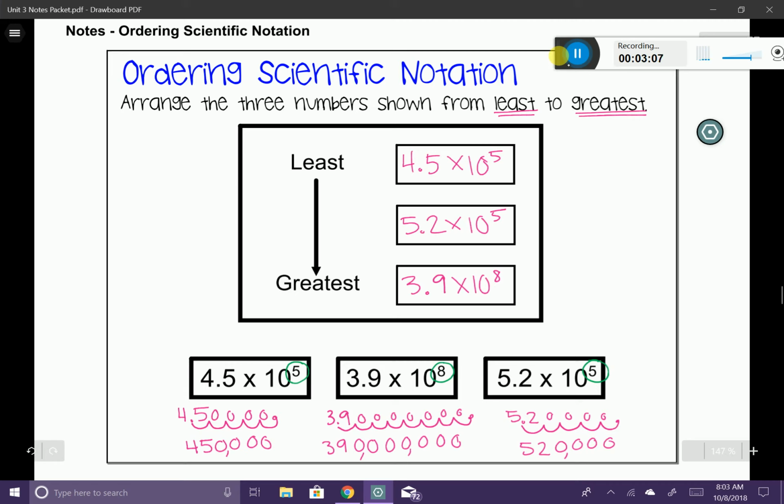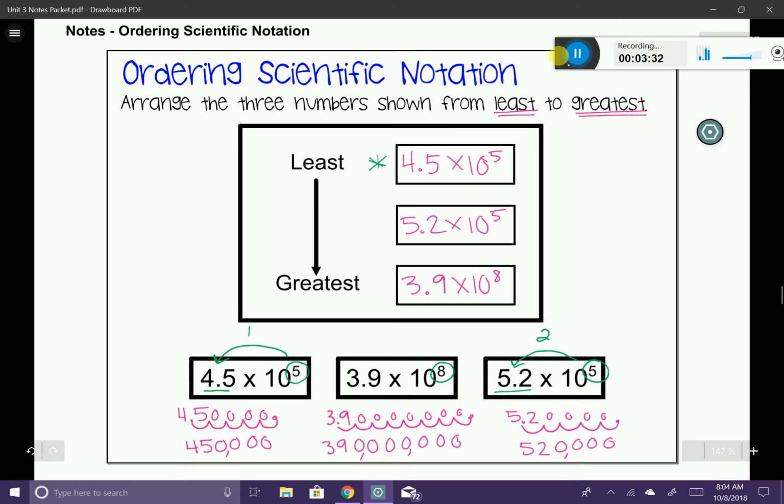So when you have two numbers that have identical exponents, that's when you need to go and refer to your base number. So now I need to look at 4.5, and on the other one, I need to look at the 5.2. Whichever one is the smallest is going to be the least, as you can see indicated here up at the top. So my least is going to be this first one, and then my third one.